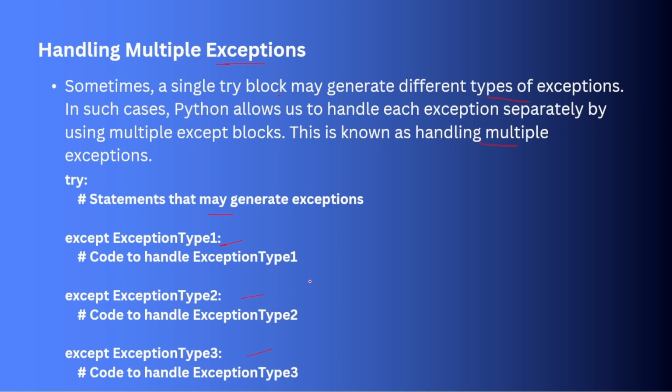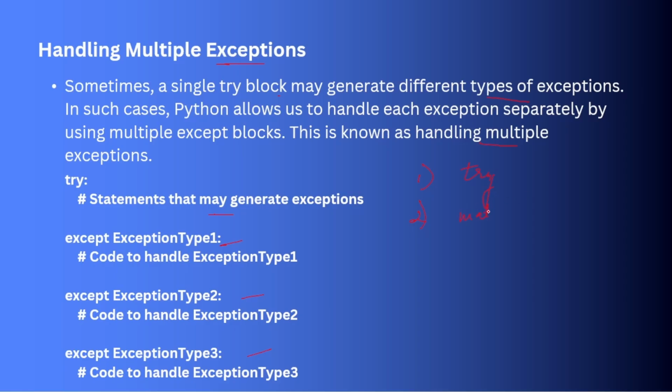So first it will try to execute all the statements inside the try block. If no exception is encountered, if the code inside the try block ran smoothly, then we just skip the except blocks. But what if an error occurred?